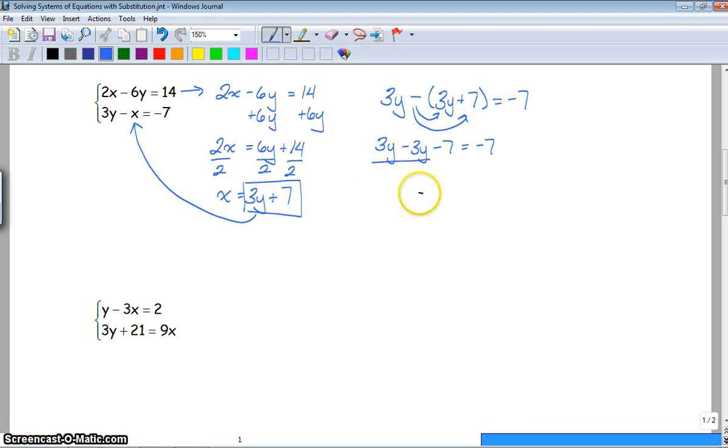Combine like terms. 3y minus 3y is 0. 0 minus 7 is negative 7, and that equals negative 7. So this is an instance where our variables cancel out and we are left with a true statement. When that happens, your solution is going to be all points on the line.